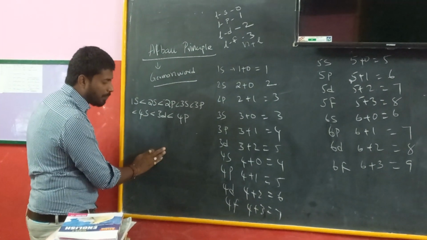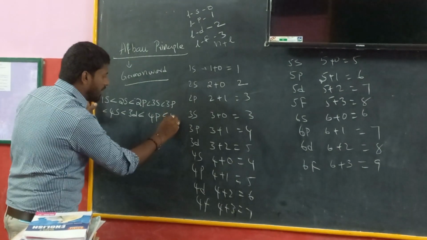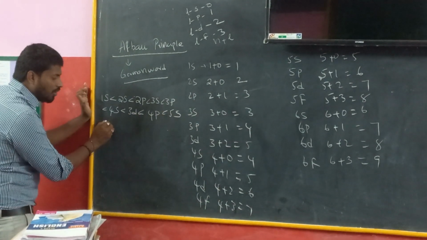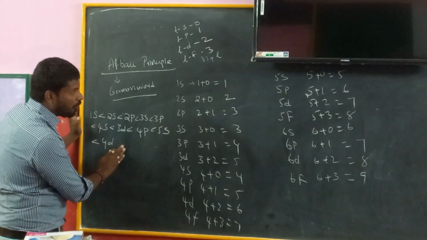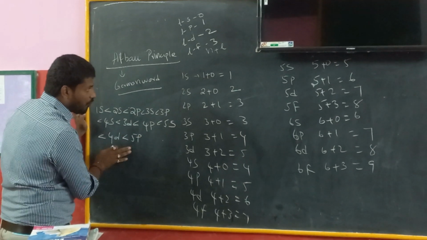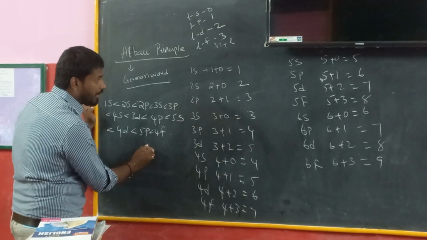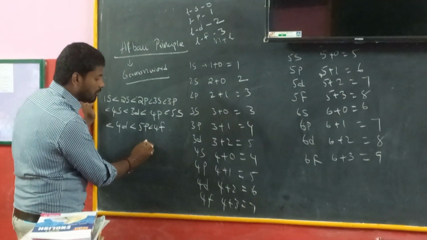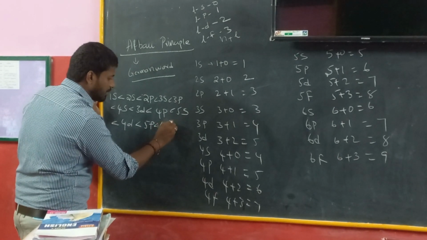After 4p, it goes into 5s. After 5s, it goes into 4d. After 4d, it goes into 5p. After 5p, before going into 4f, it goes into 6s.